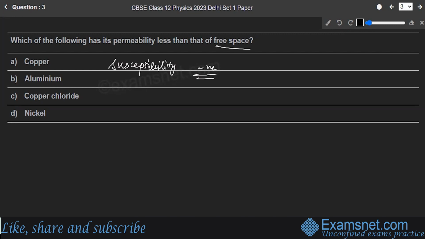So permeability will be less than the permeability of the free space.